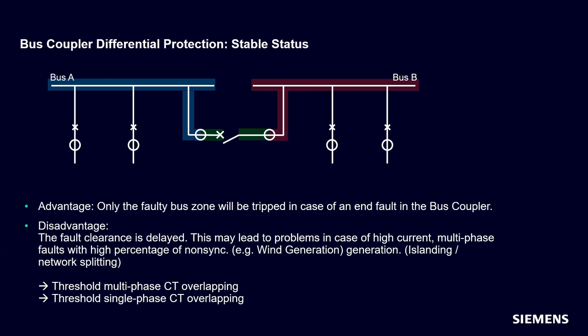Disadvantage is a delayed fault clearance time compared to the overlapping mode. This may lead to problems in case of high current multi-phase faults, especially when you have a network with a high percentage of non-synchronous generation, for example wind generation or solar power. This can lead to islanding or network splitting.